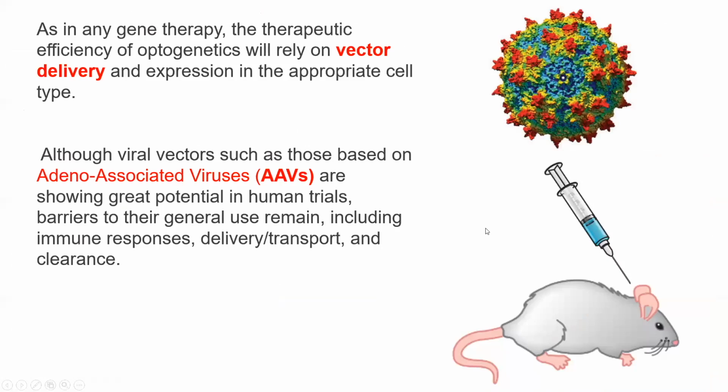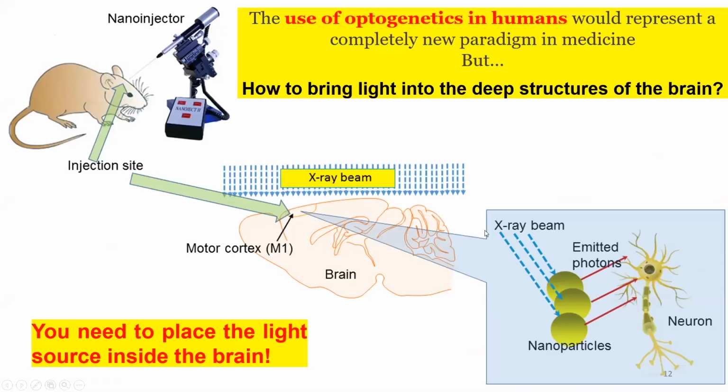So the question is, can we use light stimulation of particular neurons in humans, in the clinic, for the treatment of some neurological disorders, including, but not limited to, Parkinson's disease? The main question is what to do with it.